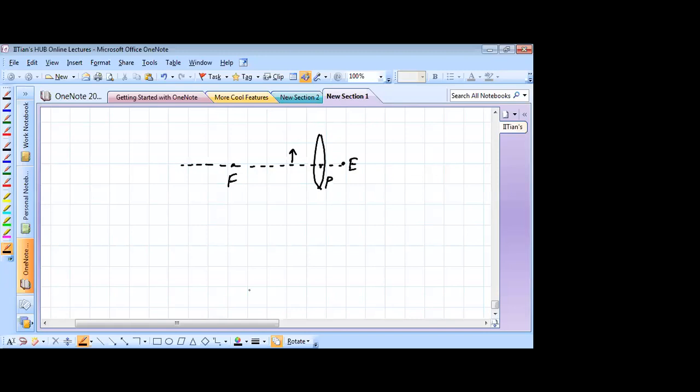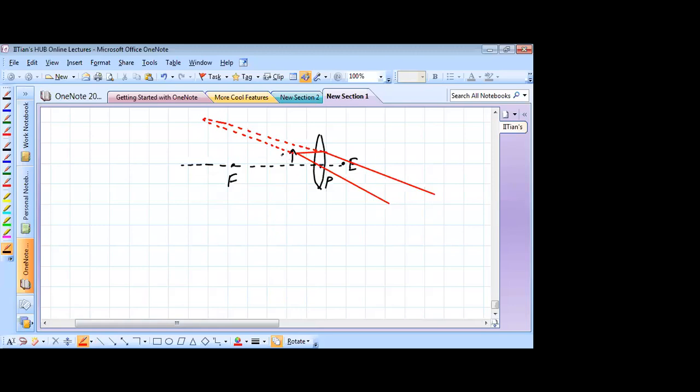You know that the rays of light here will deviate in such a way that they will give you an image somewhere here.